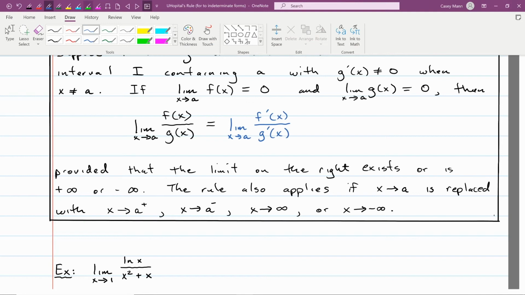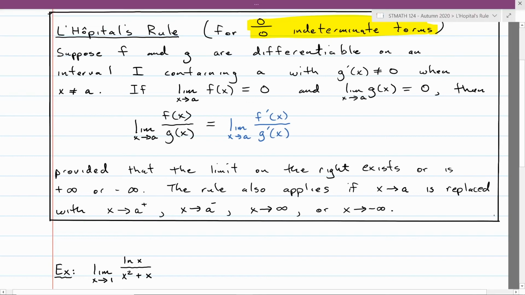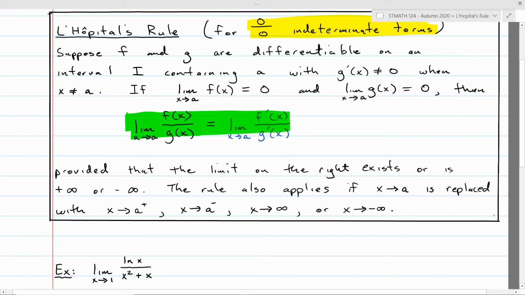So this is a pretty nifty rule. To take the limit of the original fraction, it's equivalent to take the limit of the ratio of the derivatives. So basically you just differentiate the numerator and the denominator separately in that fraction, and then take the limit of the new fraction that you get, and you'll get the same answer. So that's L'Hopital's rule.